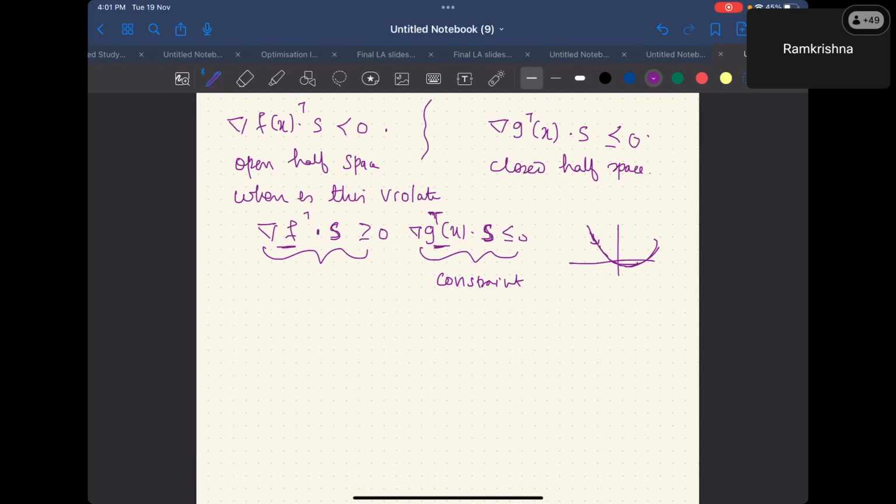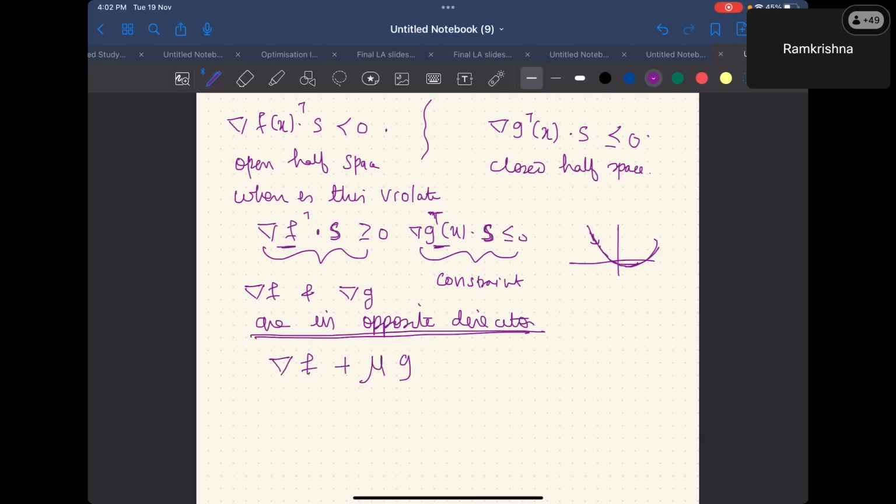This is established only if the gradient of f and the gradient of g are in opposite directions. Earlier, collinearity was enough: if they are both on the same line, without worrying about the directions, we are fine. Now we are looking at both moving in opposite directions, which means the gradient of f and the gradient of g will have opposite signs.